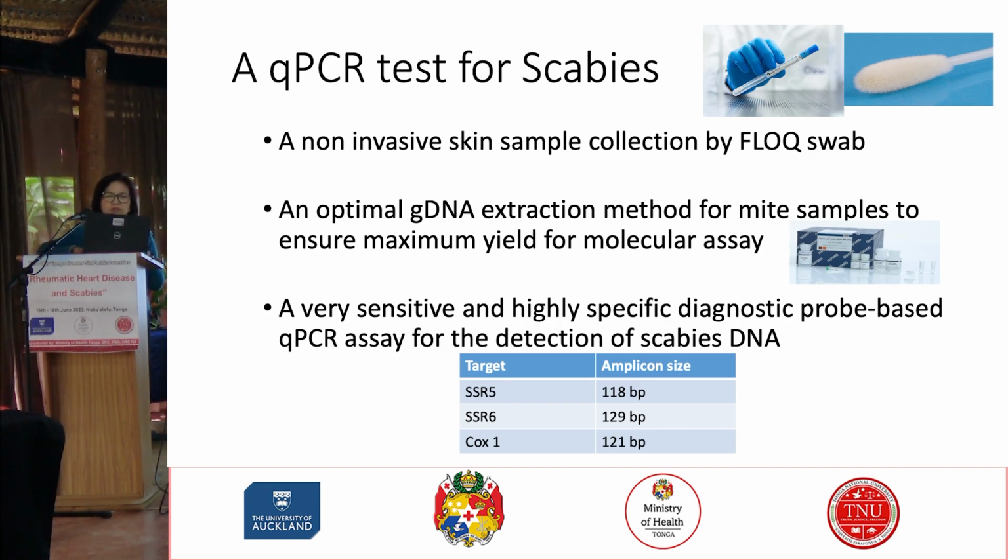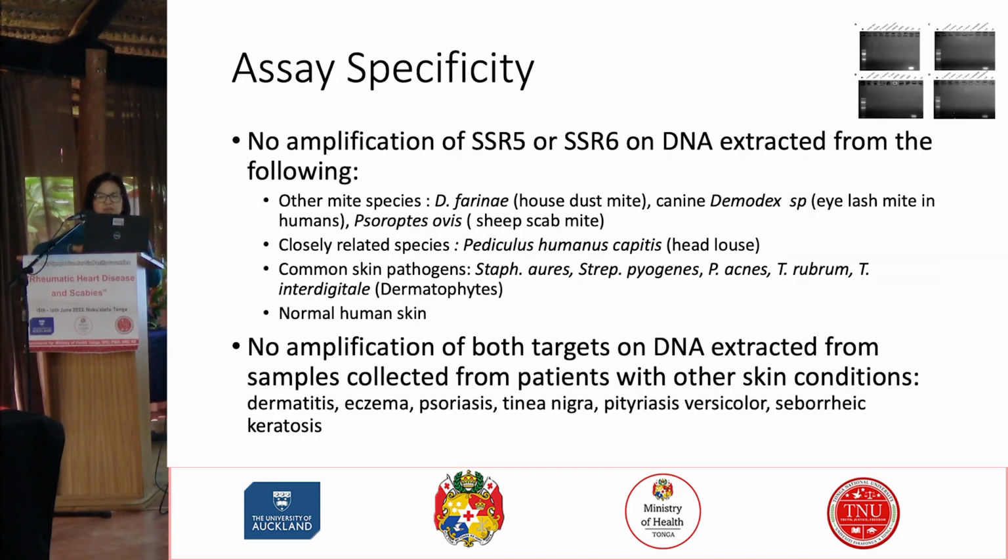And we've also gone through all the tasks of checking whether our PCR is highly specific. So we got DNA from other mite species, like your house dust mites that bring sneezes, some sheep scab mites, and the eyelash mite in humans.